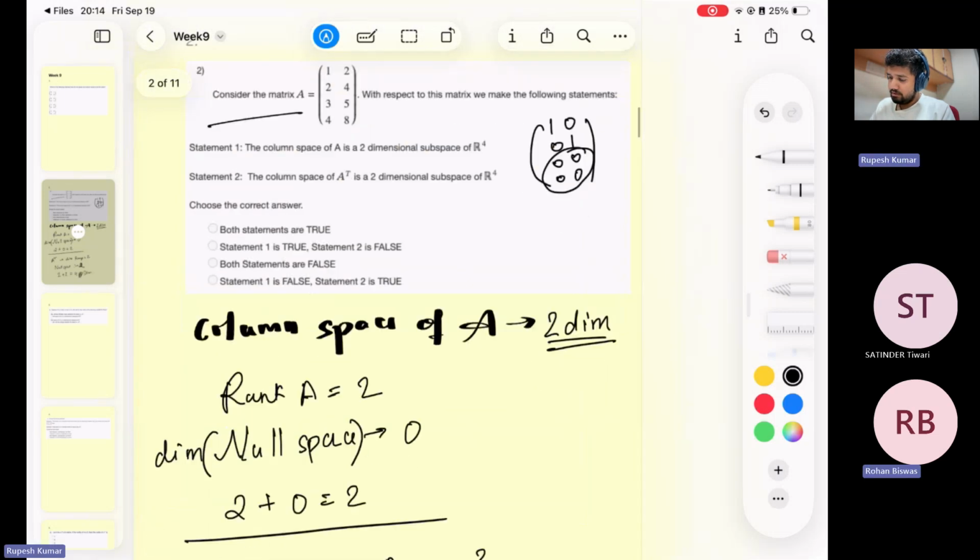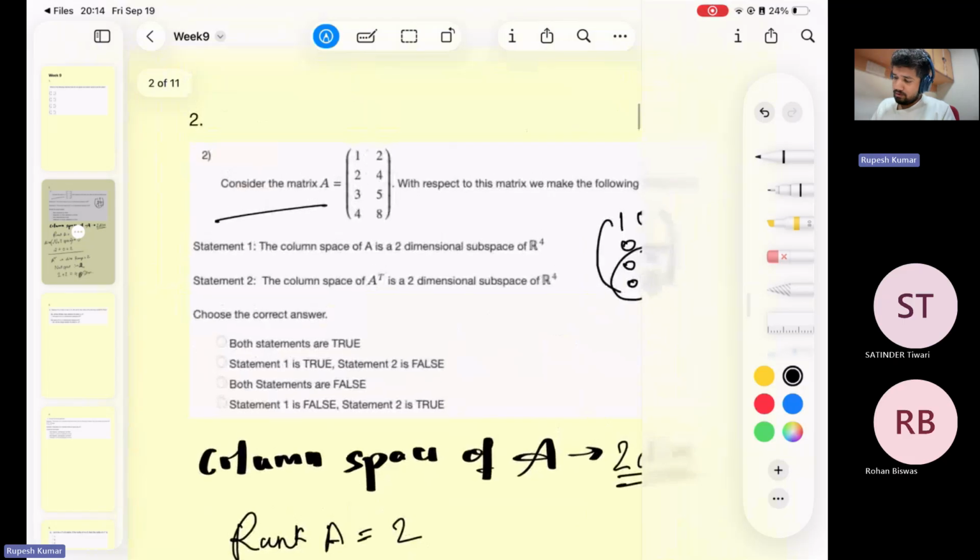Then the options: column space of A is a 2-dimensional subspace of R4. That is true.